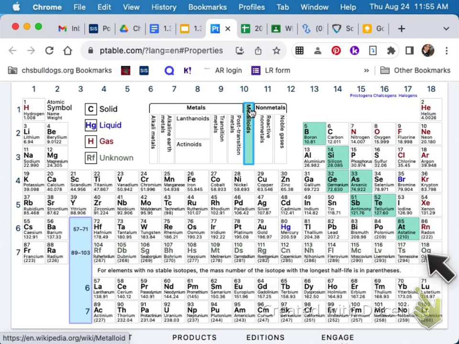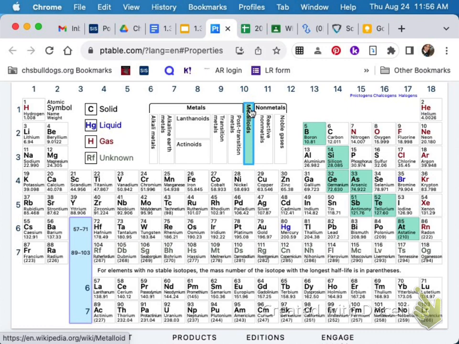We didn't call them metals, non-metals, or metalloids, okay? That's because this row here on the periodic table is largely elements that we have only been able to synthesize in a lab setting, meaning they don't occur naturally out in the world.